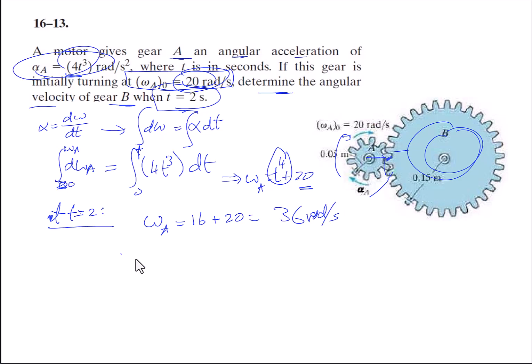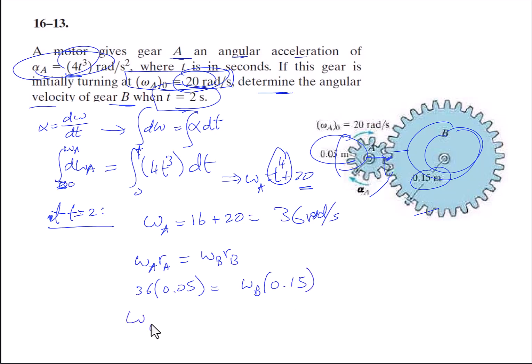So we could write again, omega A and this R A at this point of this gear is equal to omega of gear B and the radius of that point at gear B. So 36 times 0.05 is equal to omega B, which we don't know, times 0.15. So this will give us omega of gear B as 12 radians per second.